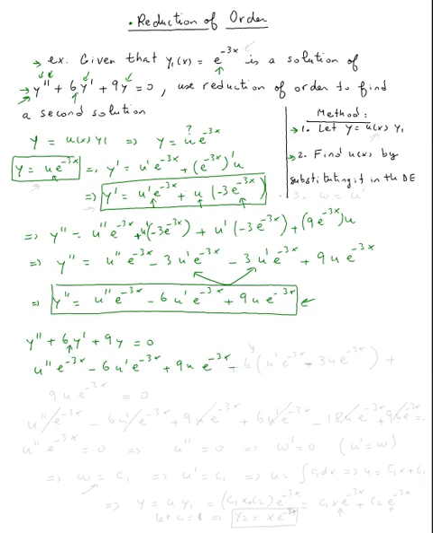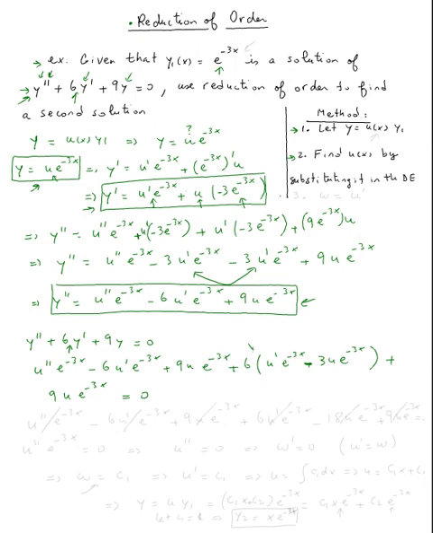Plus 6y prime is right here: u prime e to the negative 3x minus 3u e to the negative 3x, plus 9 times y, which is right there, 9u e to the negative 3x, and all this is supposed to be equal to 0. Something is weird here. Plus 6y prime plus 9y, yep, everything is good.